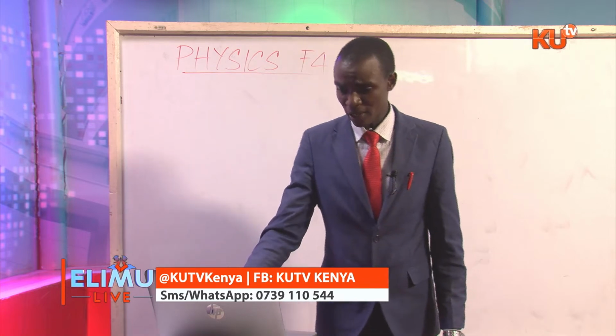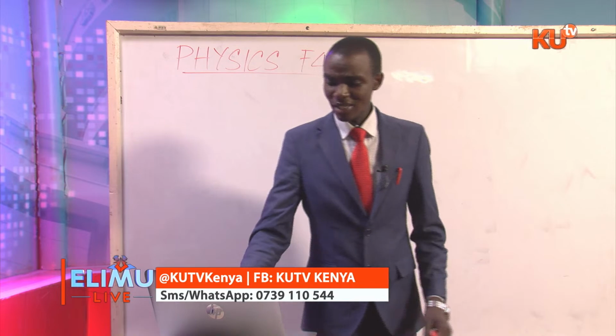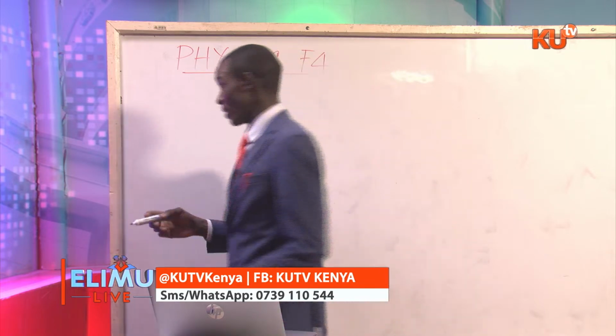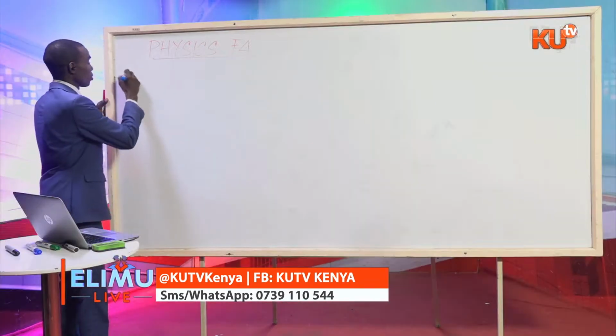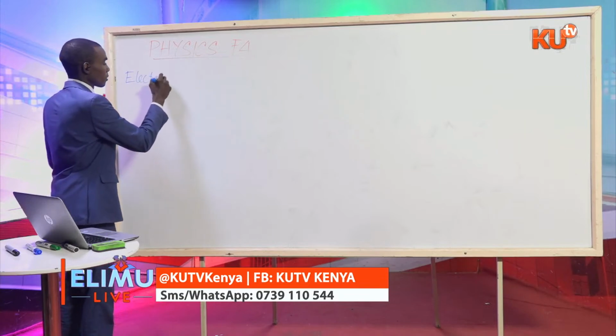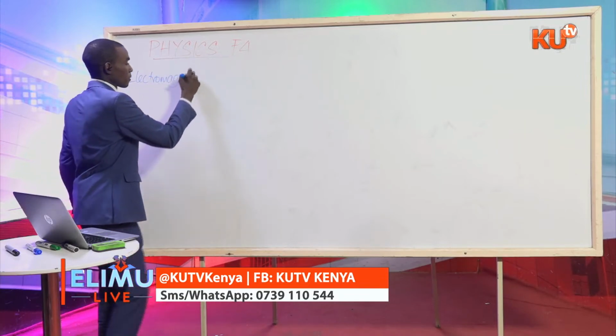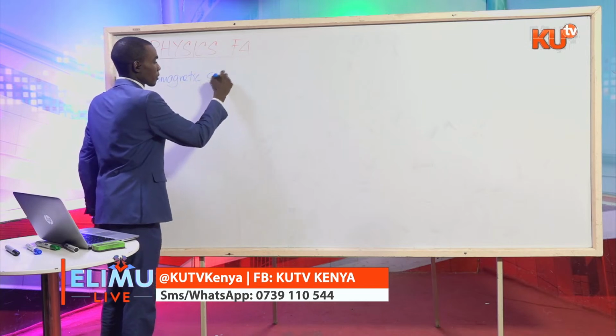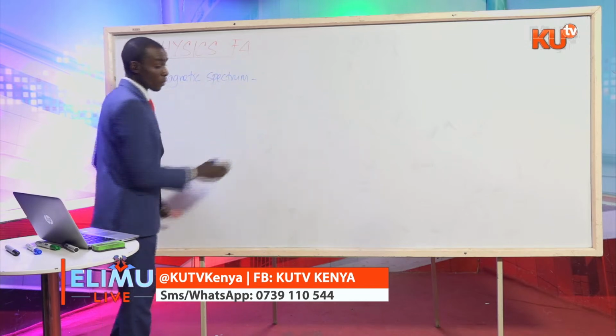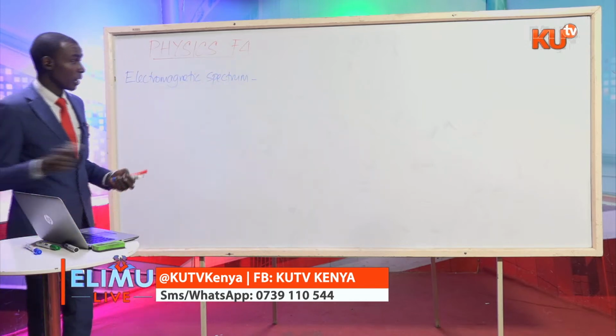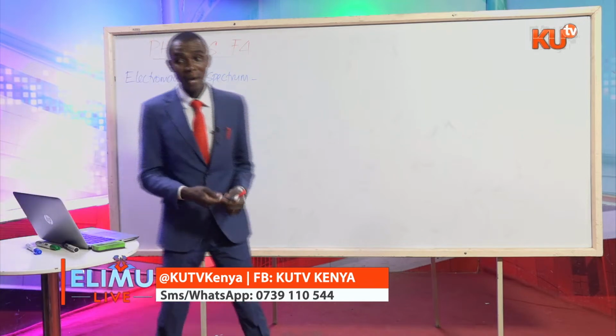As we begin, what are some of the definitions that we can make? Number one is electromagnetic spectrum.